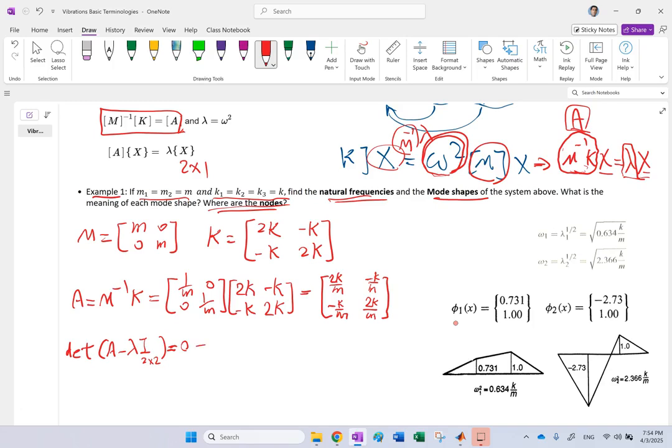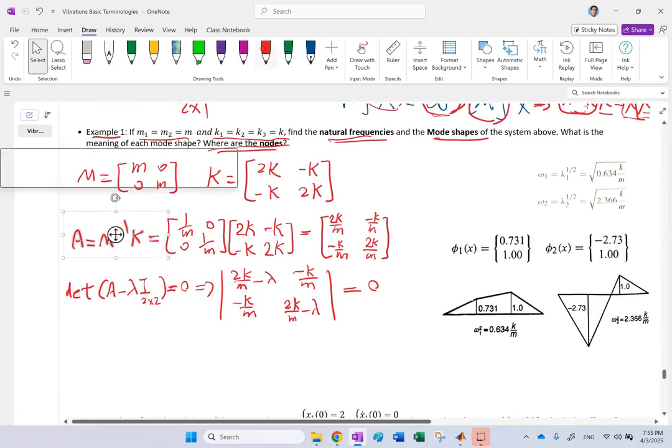So what do you get? Here you bring this matrix, and on the diagonals, you subtract a lambda. And then the determinant of this, you set equal to 0. Well, what's the determinant of this? It's the product of the diagonals minus the product of the off diagonals.